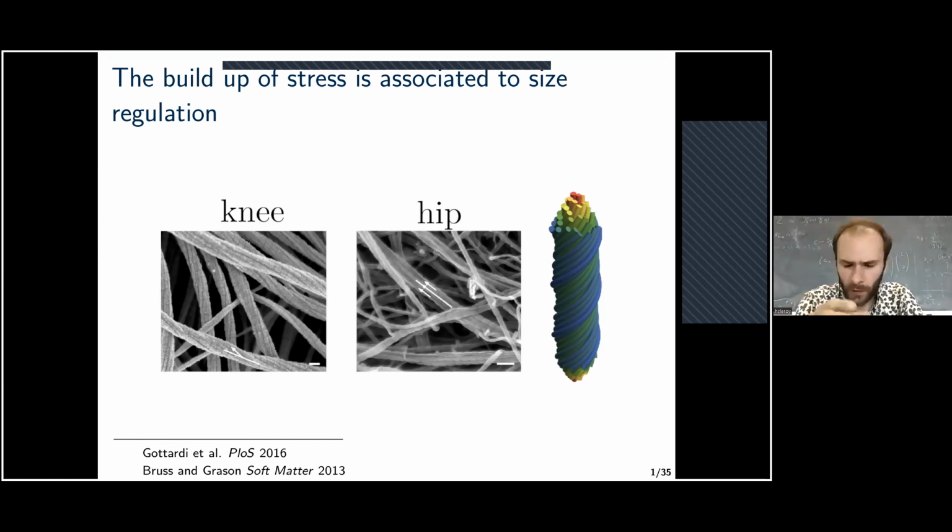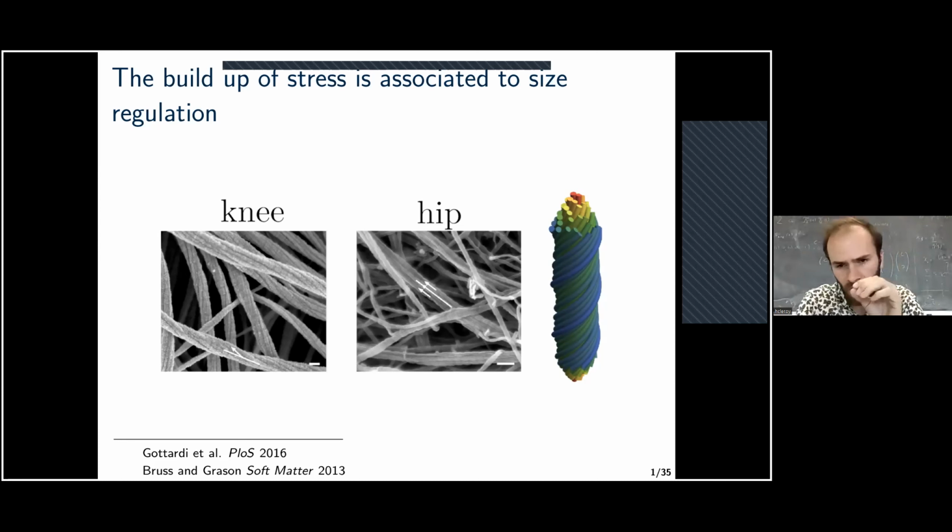If you look at the right-hand side, there's a modeling of the aggregation of collagen fibers that have this double twisted shape. In general, there's a geometrical incompatibility with the tight packing of fibers and their double twisted shape.